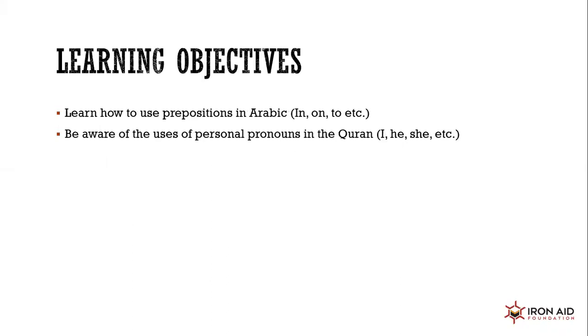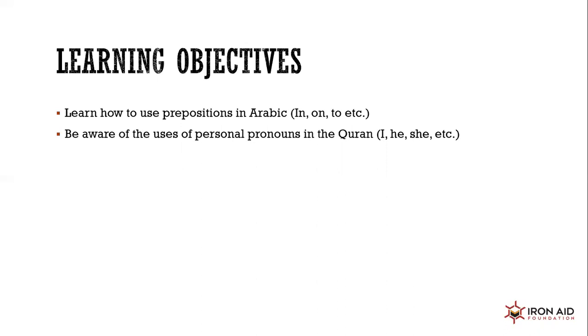So the learning objectives of today's lesson are, firstly, to learn how to use prepositions in Arabic. Prepositions are basically words which connect sentences together. The examples we have here are fi, which means in, ala, on, and ila, to. So words such as in, on, to, from.